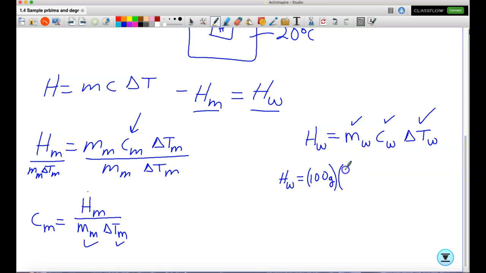The specific heat of the water is 1 calorie per gram Celsius degree. And the water ends at 20 degrees Celsius and starts at 10 degrees Celsius.